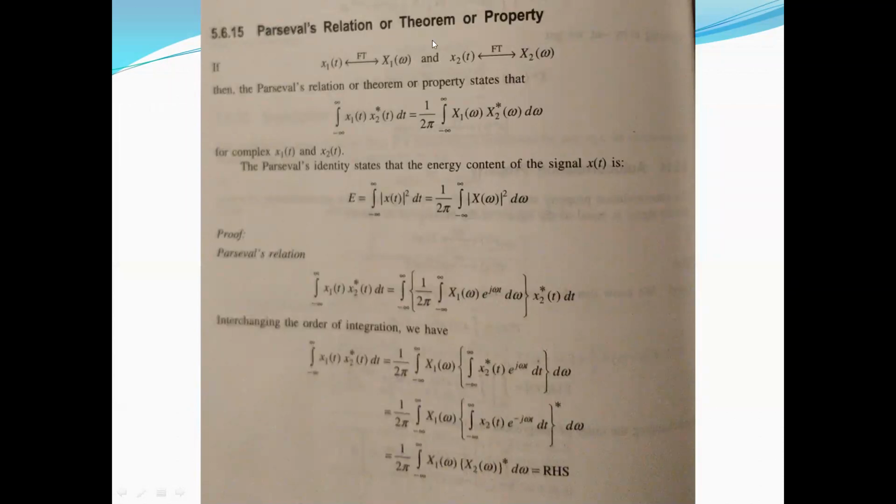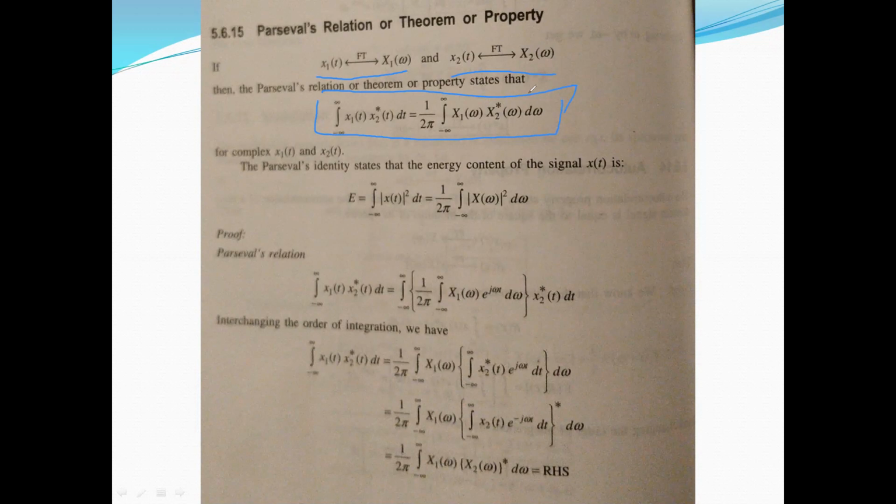Next, Parseval's relation, the theorem or property, which is also there in the Fourier series. If a signal x1 has Fourier transform x1 omega and x2 has x2 omega, then according to the Parseval theorem, the integration from minus infinity to plus infinity of x1 t into x2 star t dt is equal to 1 by 2 pi times the integration of x1 omega into x2 star omega d omega, where x1 and x2 are complex signals.